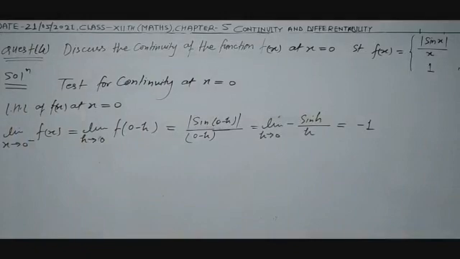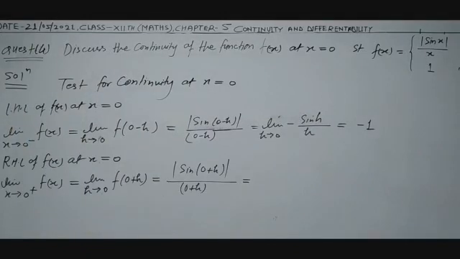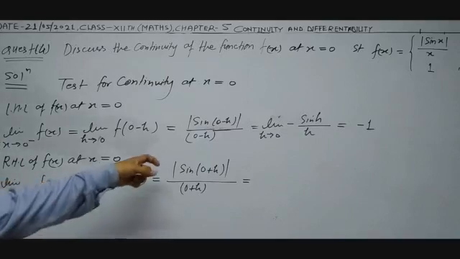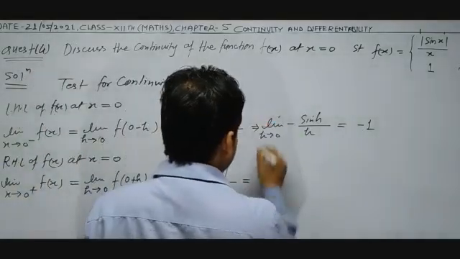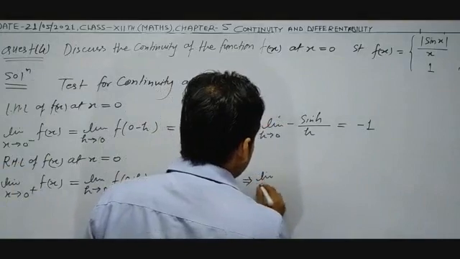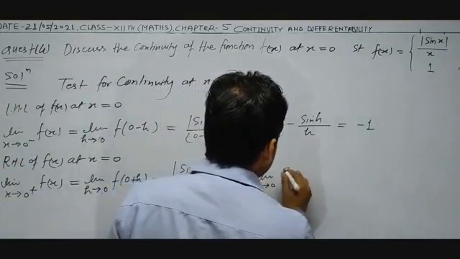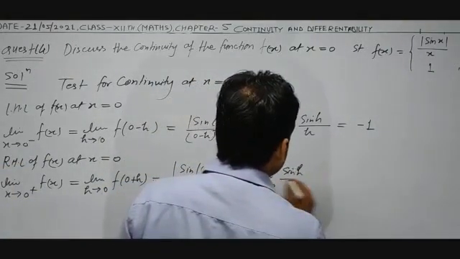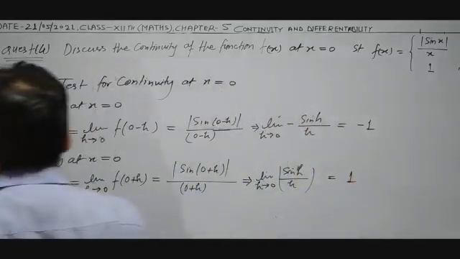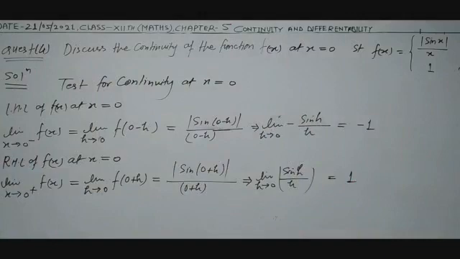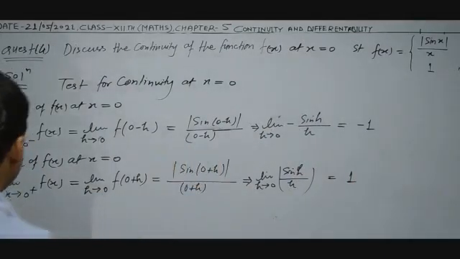Similarly, the right hand limit can be written as limit h tends to 0 f of 0 plus h, which is mod of sine of (0 plus h) whole upon (0 plus h), and this will give limit h tends to 0 sine of h whole upon h, and this result will be 1. So the left hand limit is not equal to the right hand limit.